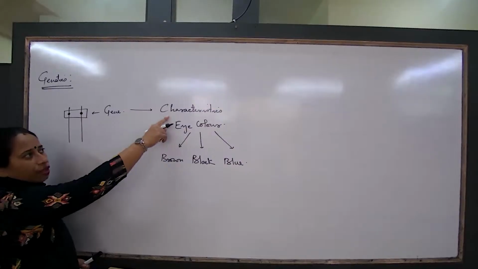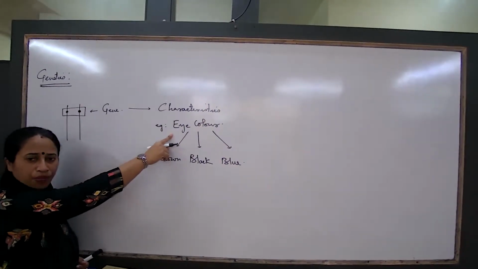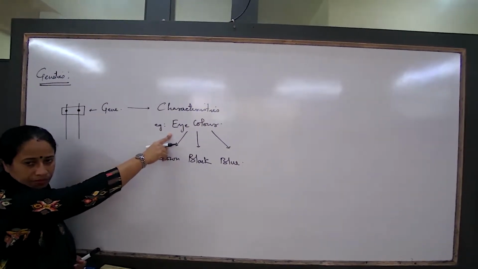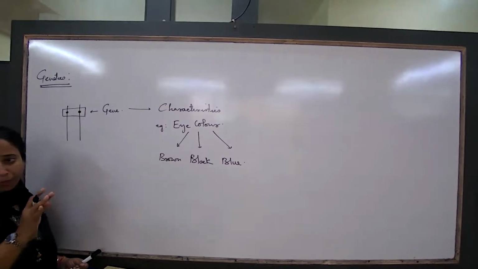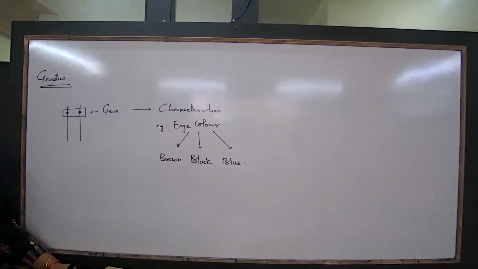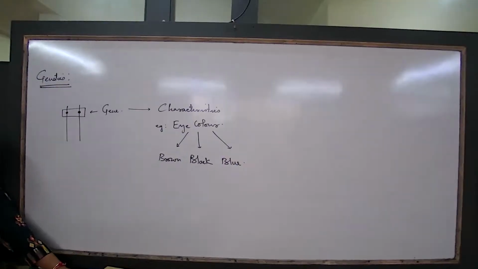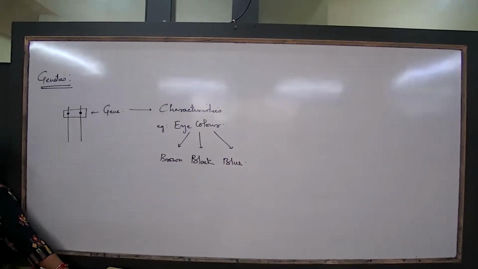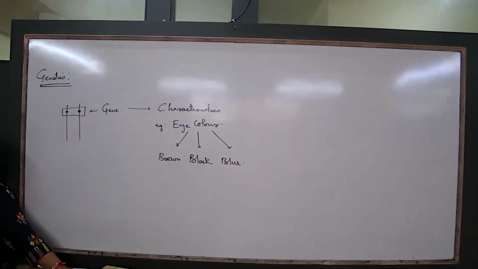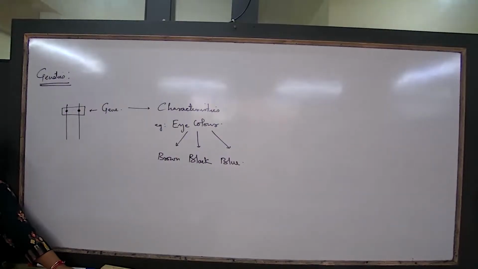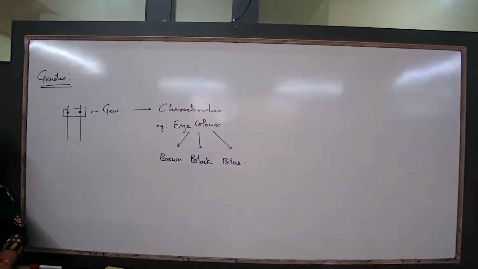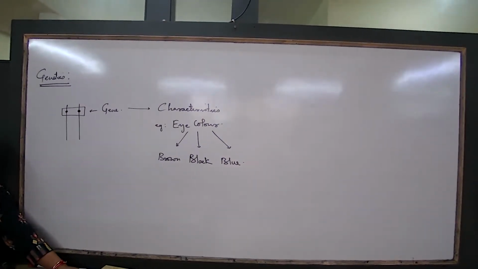A gene can regulate characters. An example we are studying right now. But whichever character you pick up in the human population, characters are always in different forms. None of the characteristics that we come across in the human population exist in just one form. I talk about height, variable. Skin tone, variable.